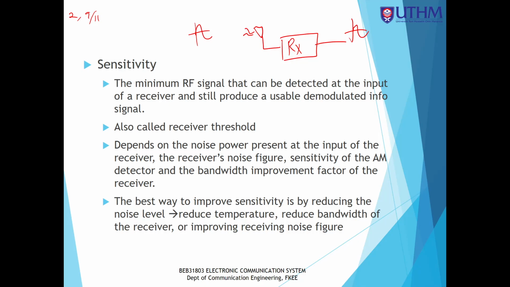How much is the minimum RF amplitude that can be detected by the receiver? Normally the threshold is defined in terms of power in decibel. How much minimum power can be detected by the receiver.